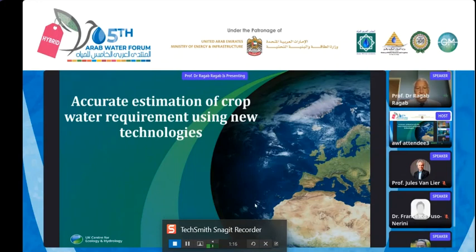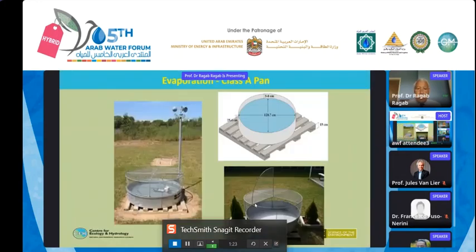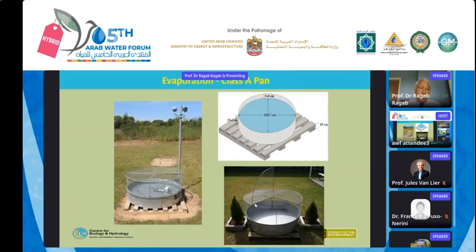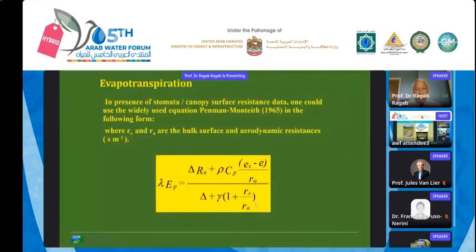One of these areas of attention is the estimation of the crop water requirements. Crop water requirements is usually calculated as the amount of water evaporated from the soil and the crops. We started with Class A pan measurements, which doesn't include plants, and therefore it was overestimating the crop water requirements.